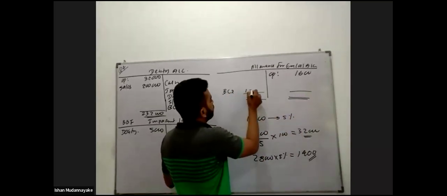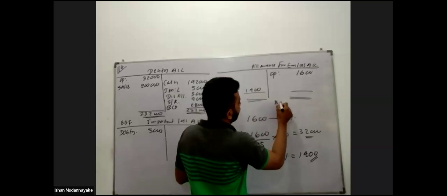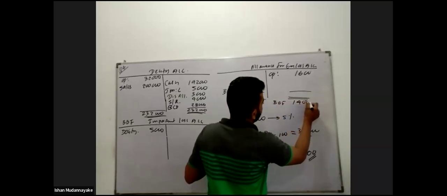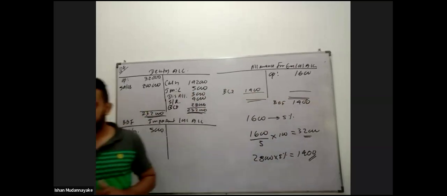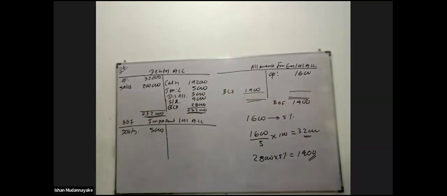Balance carried down 1,400, balance brought forward 1,400. That is the closing allowance for expected loss account.